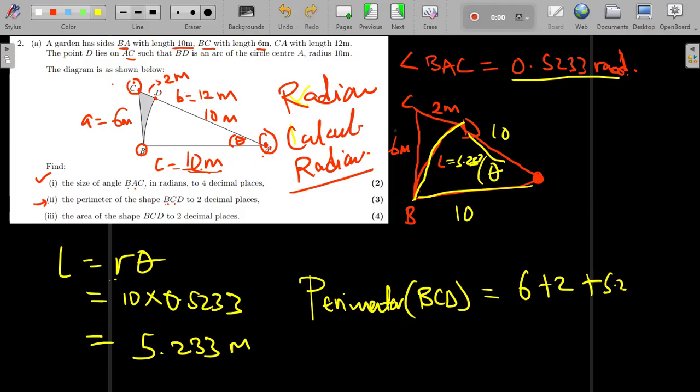My space there has finished, it's fading to the right side, so I'm going to write it here. 6 plus 2 is 8, so I'm going to write 8 plus 5.233. So our perimeter will be that number plus 8, which gives me 13.233 meters. Okay, so that's how we find the perimeter there. So any questions before we move to the next one?